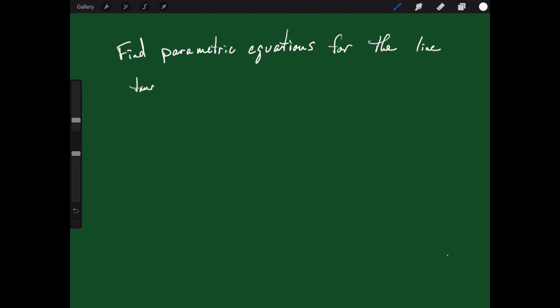So let's find parametric equations for the line tangent to E at the point P0 is equal to 1, 1, 3.